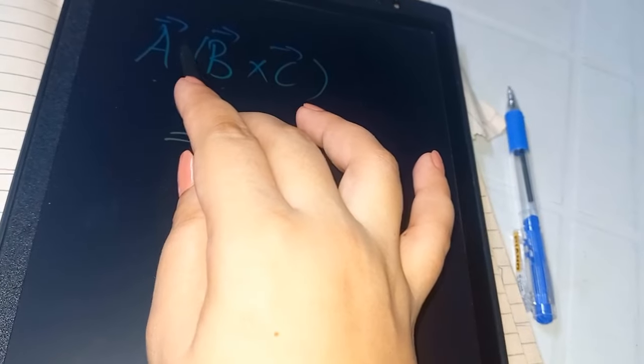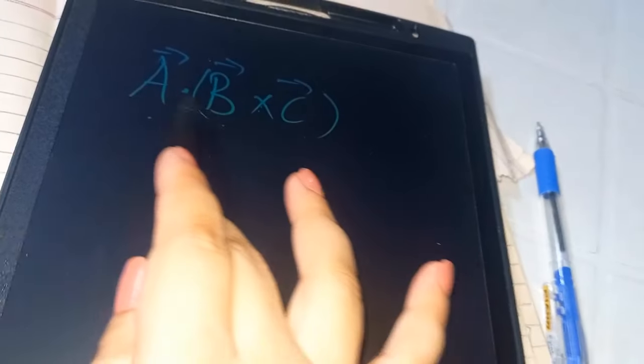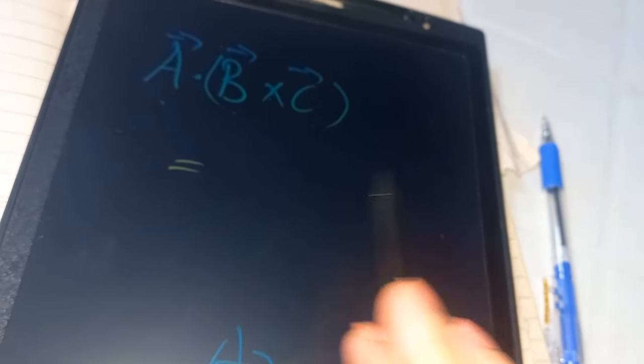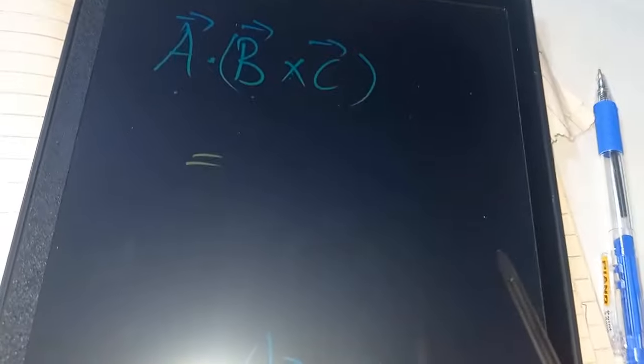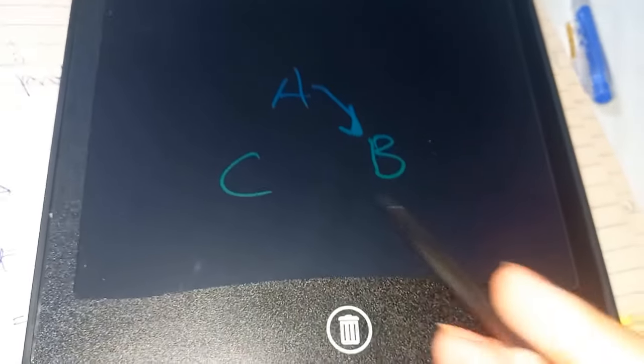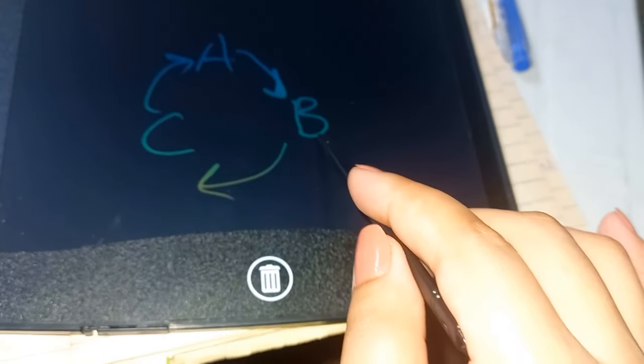Position of a, position of dot and cross remains the same, but you can change a, b and c, because sometimes you know the value of a dot b cross c and you want to find out the value of some other permutation of these three vectors. So it becomes easy if you know this rule. So if you write a, then b, then c, then a, that is how this rule will work. So with a first, then b, then it is followed by c, and then a.